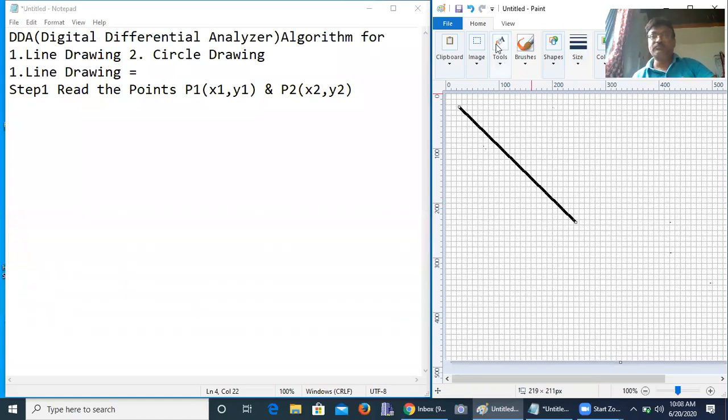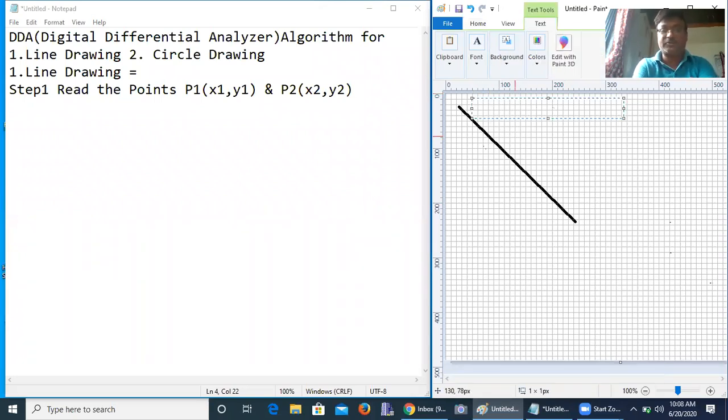Now suppose I have to enter the points. This is my first point P1, having the coordinates x1 y1. Suppose x1 y1 equals 10 comma 10. This is my first point.